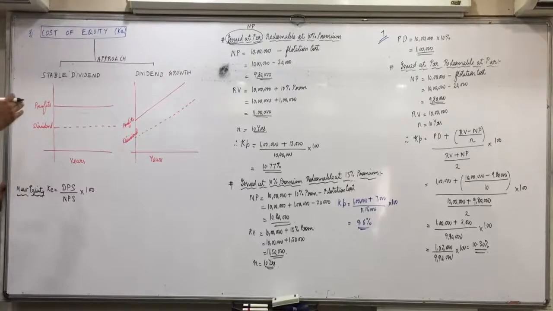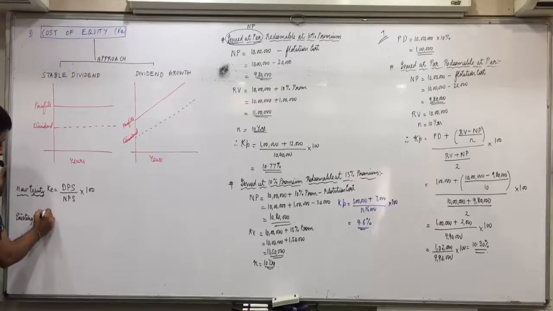Simple concept like PD upon NP into 100. That was preference dividend. This is equity dividend. Equity dividend per share upon, but we take per share. There we took the total amount. And here we take everything per share. Any confusions in this? And if it is existing equity, means the company is already existing in the market, then you cannot have the net proceeds because company was issued in past.